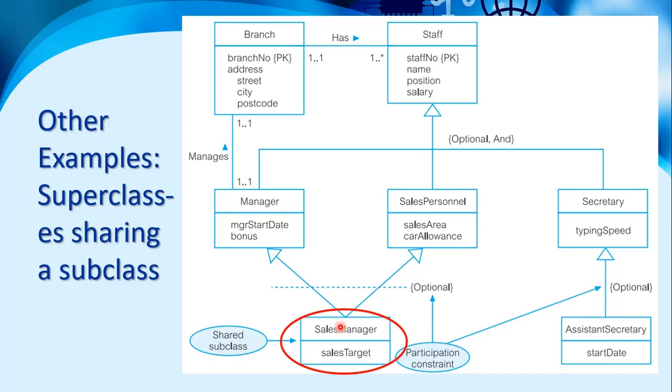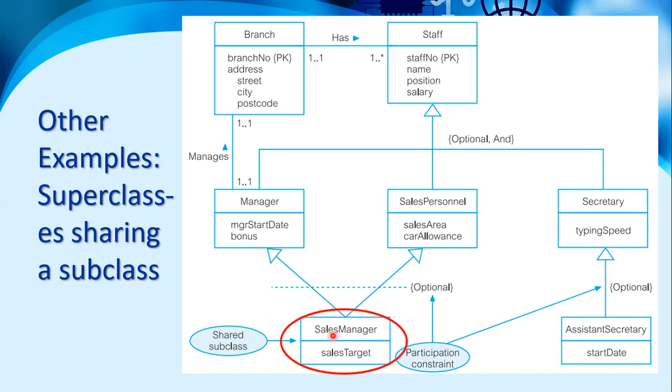For this instance, we have the manager and salesperson, and their subclass is sales manager. Now since both the manager and the salesperson have the same subclass, which is sales manager, this entity here is what we call a shared subclass.